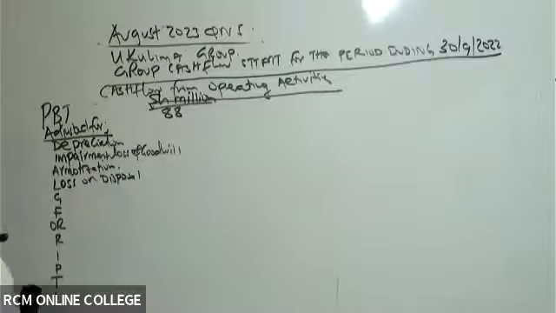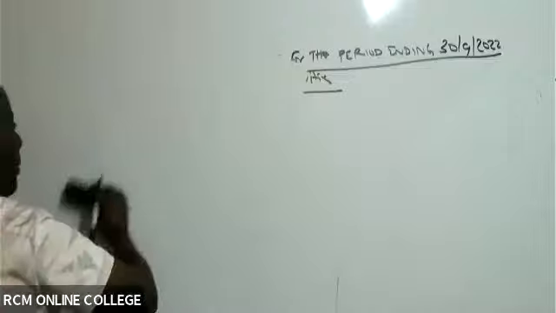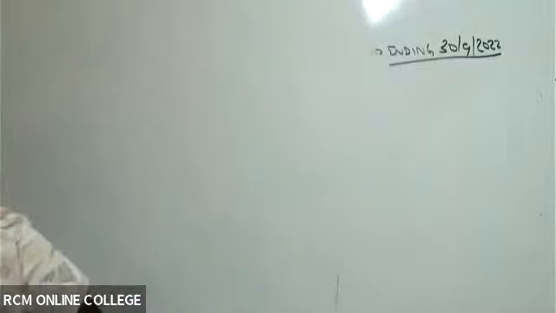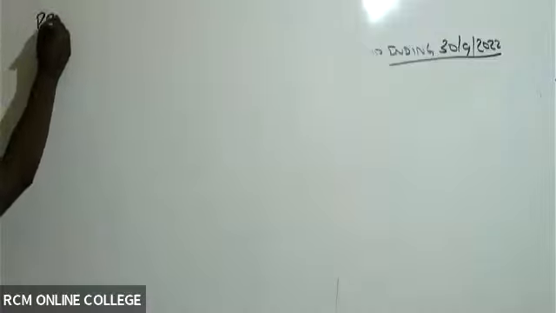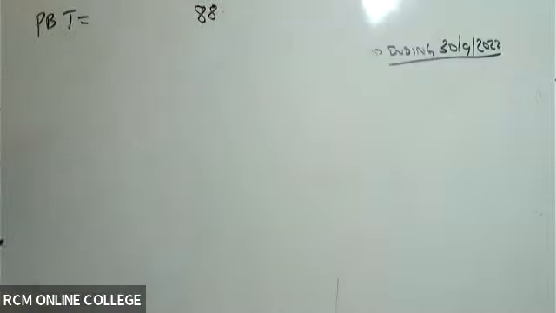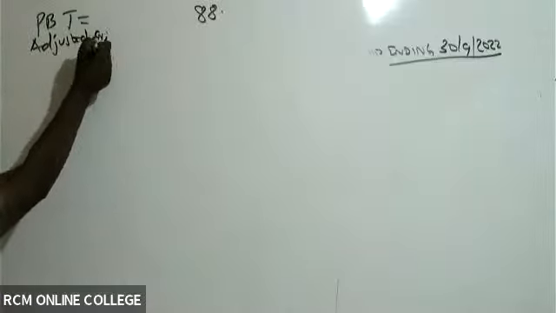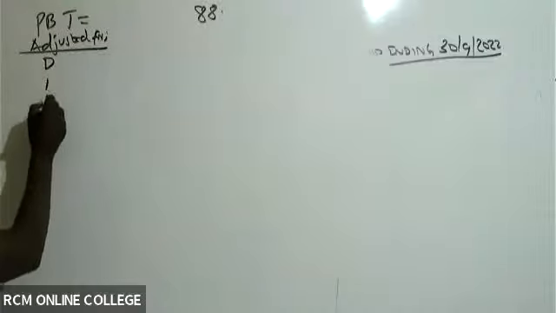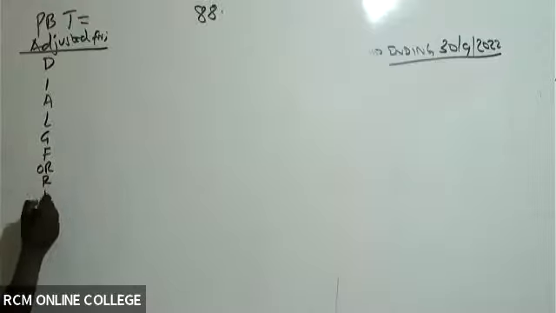Just allow me to write this. So we have here our profit before tax of 88 million. And then we are saying adjusted for what here? We have here: Dial God's Number For Food, Or You Rest In Peace Totally, Indefinitely.